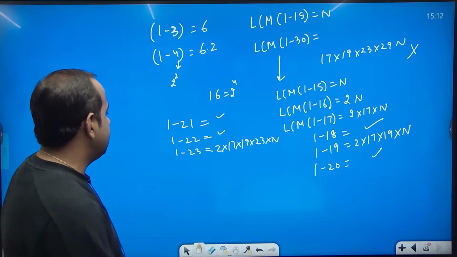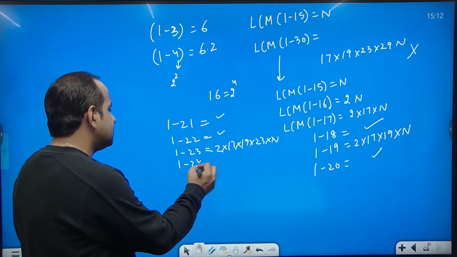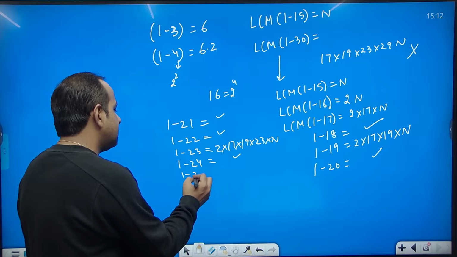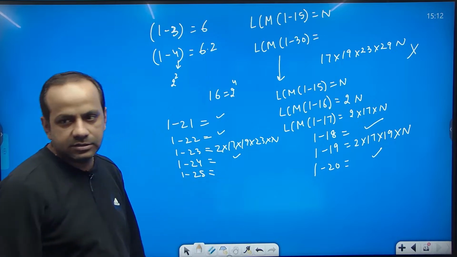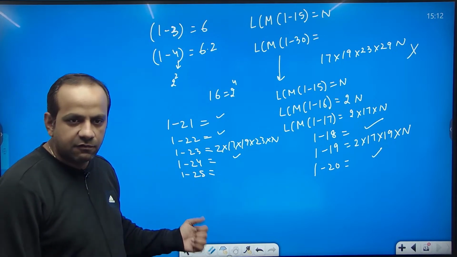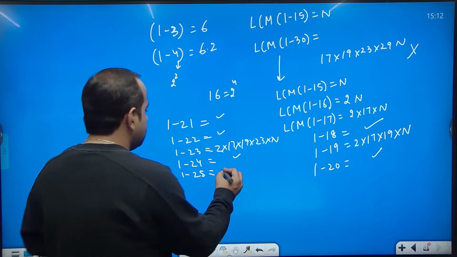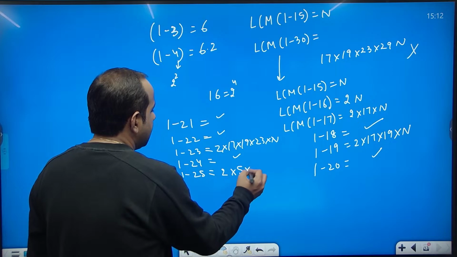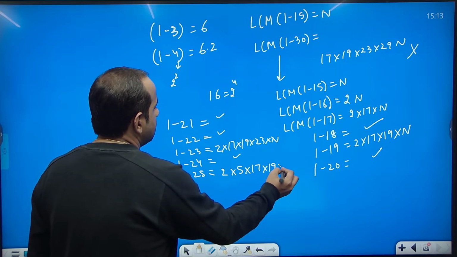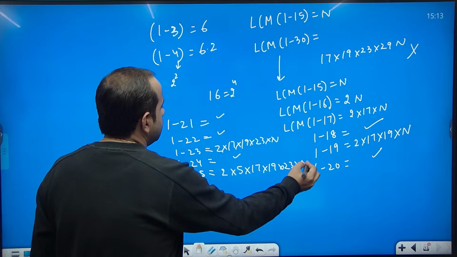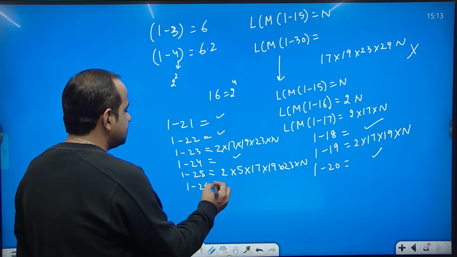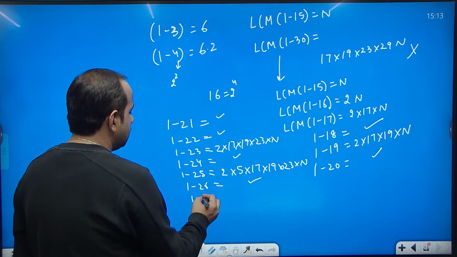Okay. If I say 1 to 24, will there be any difference? 1 to 25, any difference? There will be a difference. Now 25 is 5 to the power 2. Until now the work was going on with one 5, but now 2 into 5 into 17 into 19 into 23 into n. 1 to 26, any difference? 1 to 27, any difference?